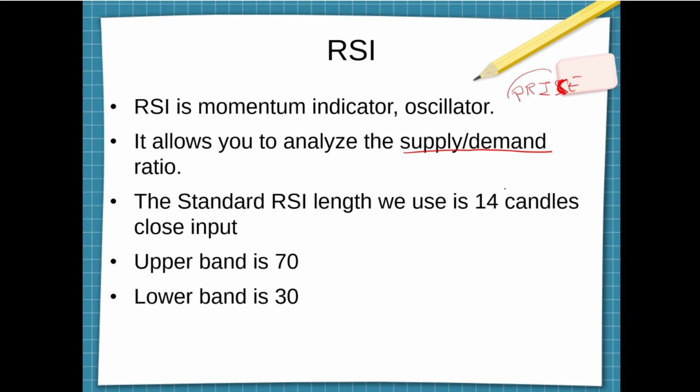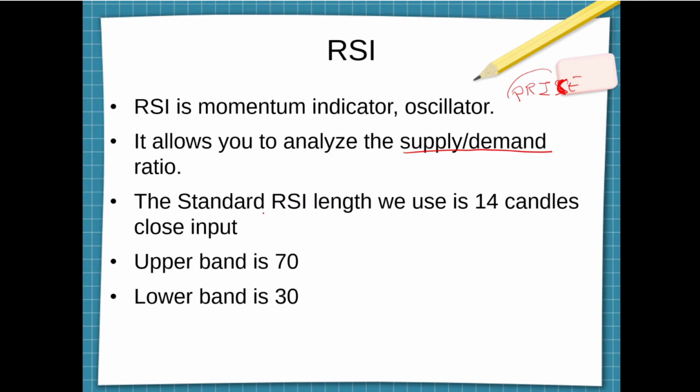Many indicators out there present themselves on your screen using numbers that come directly from the price, for example moving averages. But when it comes to RSI, the most important thing is that it's a relationship between how many of the asset you are analyzing are available as supply at that particular moment you're watching the screen, and how high or how low the demand is, and the ratio will give you a number.